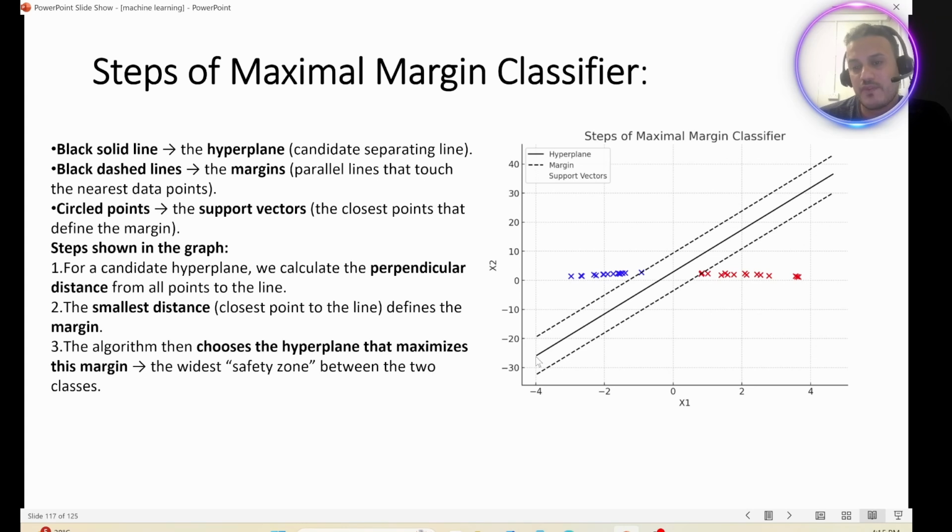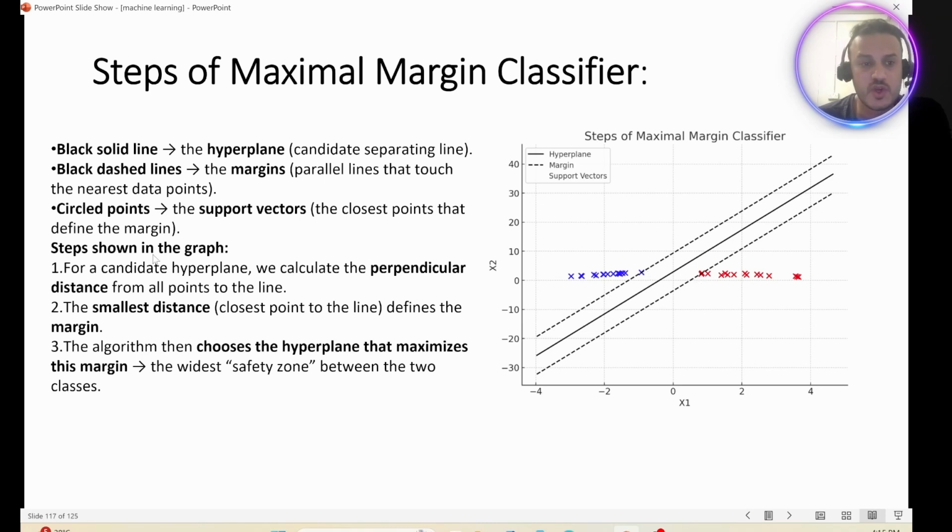We have this hyperplane, which is also called our decision boundary. And we have these points, also called the support vectors. The support vectors closest to our hyperplane define the margin.